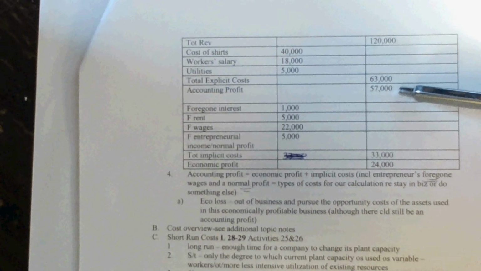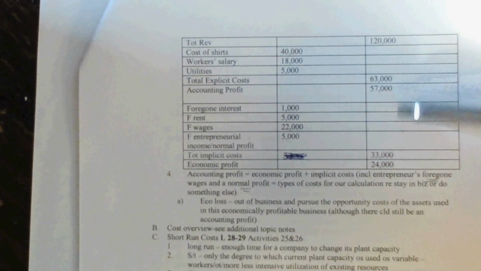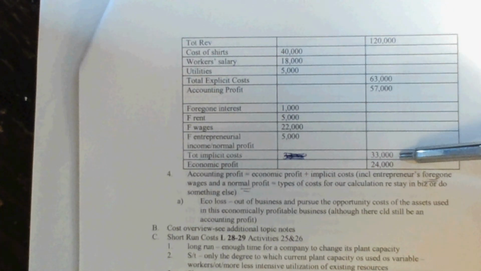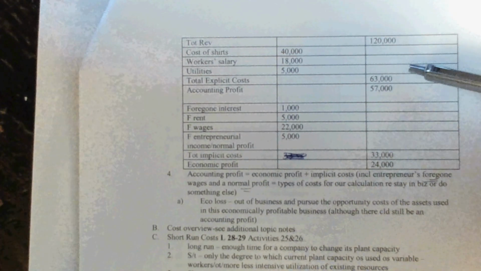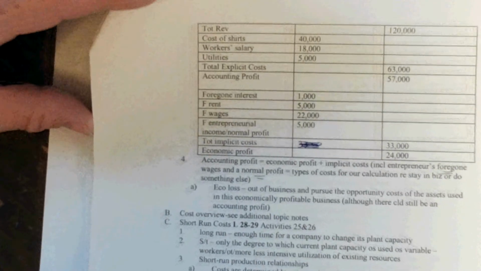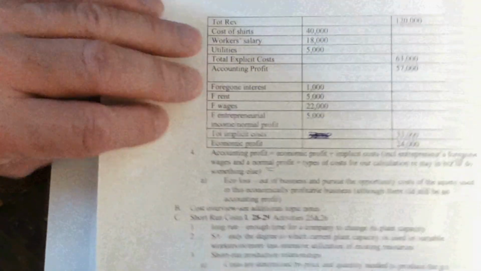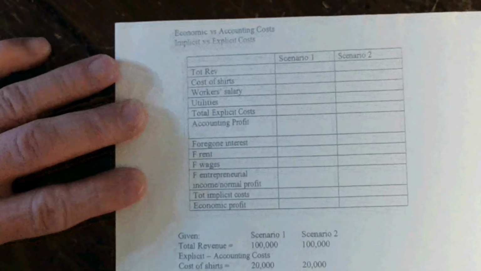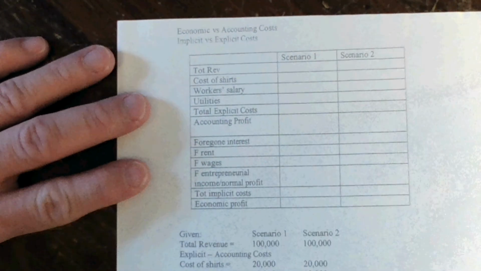But you wouldn't accept a job that paid $80,000 and give up a job that paid you $100,000 and have a $20,000 economic loss. So you do this intuitively. We're now making it explicit so we can understand the concept better. Now, let's do an example. We're going to do an example in our next video.